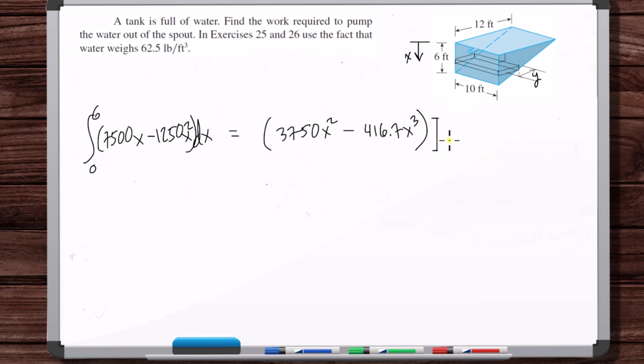Okay, and now we're evaluating this from 0 to 6. And we don't have to worry about 0 because at 0 this is 0. So it's just this evaluated at 6.